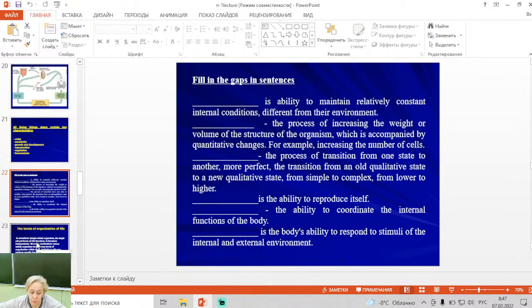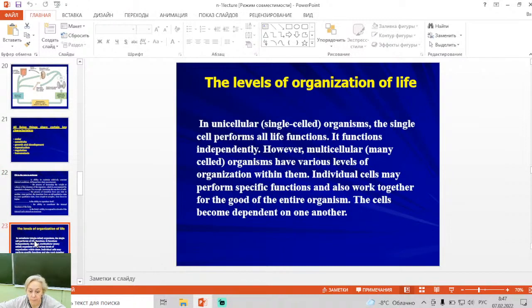Next question of our lecture: the levels of organization of life. In unicellular, single-celled organisms, the single cell performs all life functions. It functions independently.